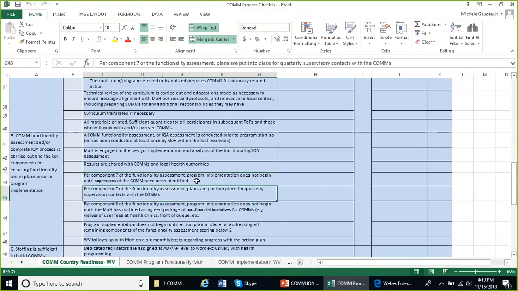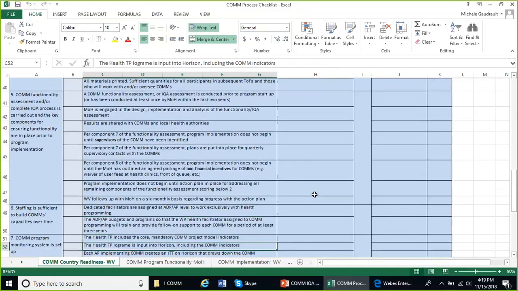And that supervision system includes at least quarterly supervision contacts. And then the non-financial incentive system being set up or identified. So it's really those two that we've extracted out of the functionality assessment as being of really high importance to make sure are in place before your implementation goes forward.